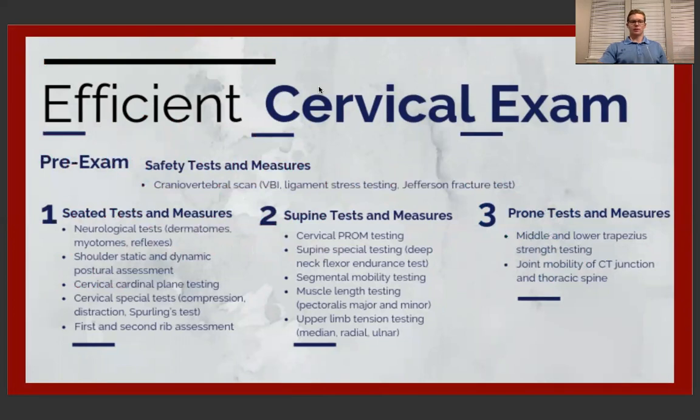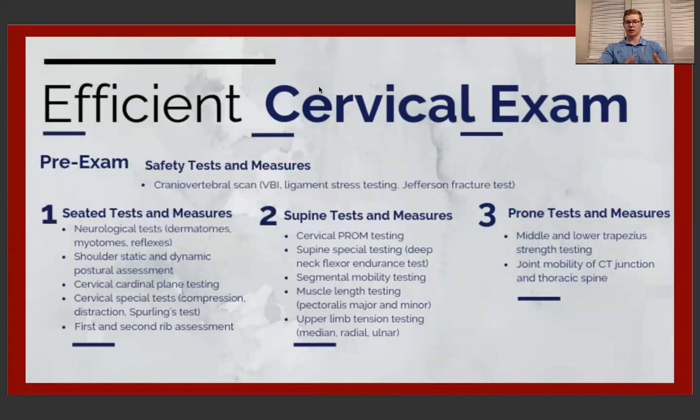You can take a screenshot of this slide or print it off if you like, but this is the sequence step by step, and even the pre-examination portion is on there, with some of the safety tests and measures. Basically, if the pre-exam is necessary, which I usually recommend, do those tests first.